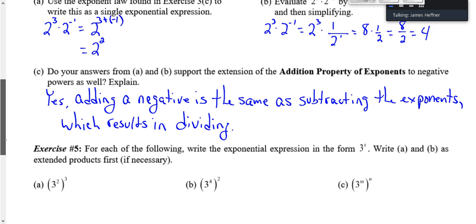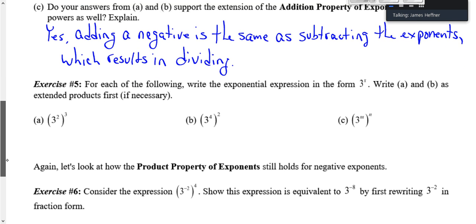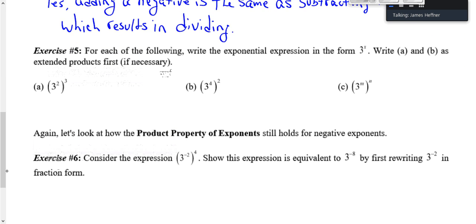Let's go down to exercise 5 then. So now we have power to a power, right? So I'll write A and B as extended products first, right? I mean, we already kind of know this, but let's just validate what we know. So this 3 squared, it could be anything to the third power. Doesn't that just mean 3 squared times 3 squared times 3 squared, right?